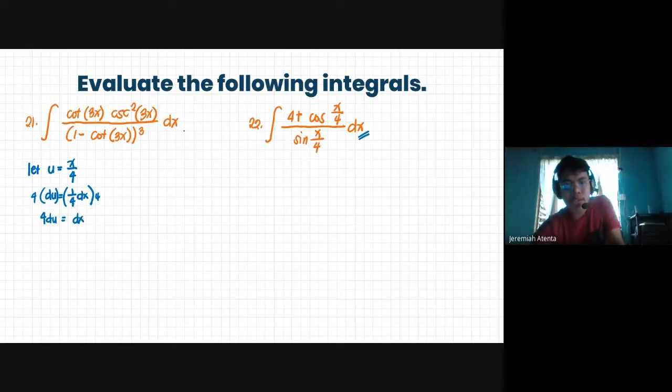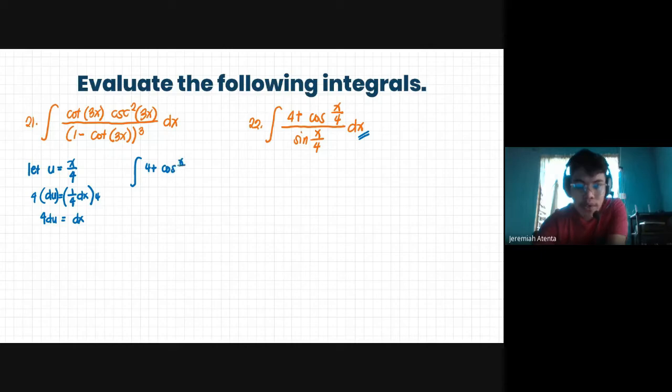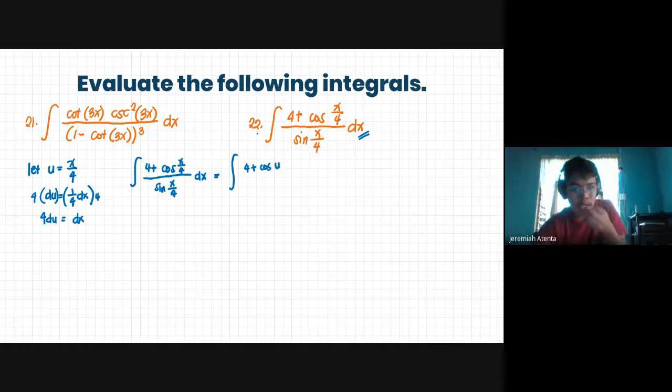So from that, we can now simplify the integral in number 22. We have the integral of 4 plus cosine of x over 4 over sine of x over 4 dx. This is now equal to the integral of 4 plus cosine of u over sine of u, and dx is just 4 du.